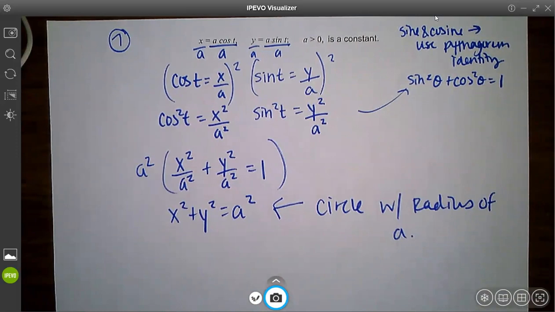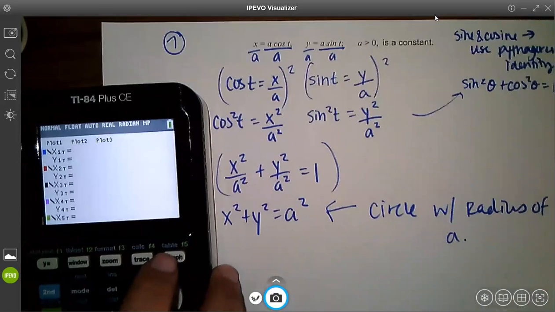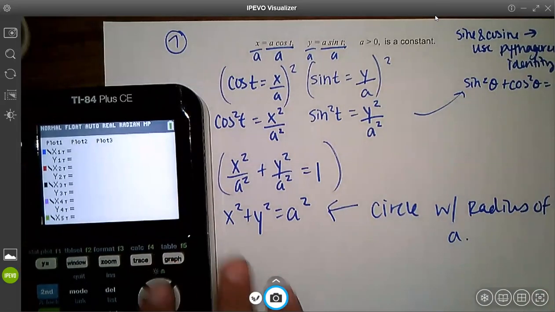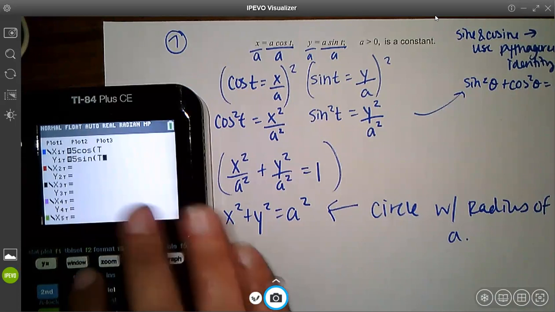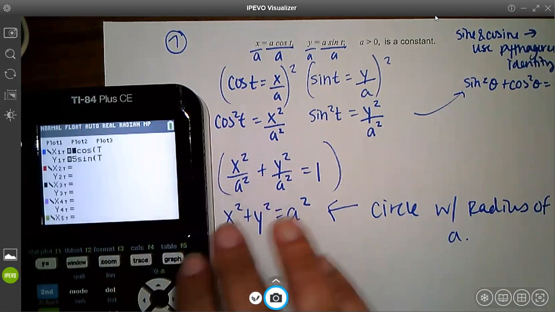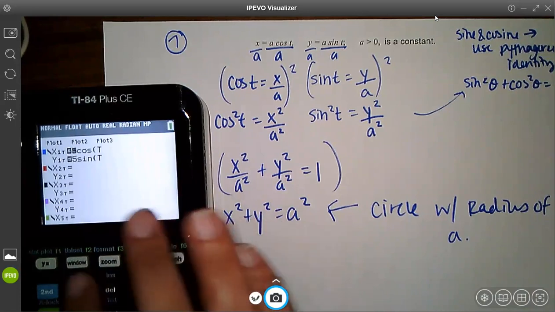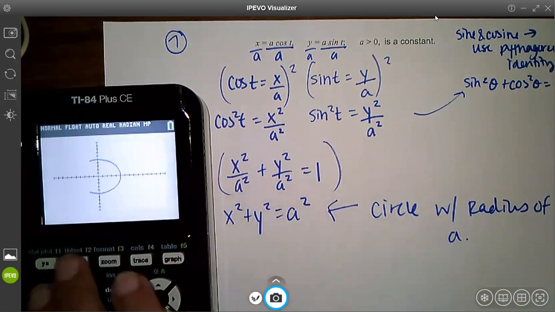So I'm going to give a value. I'm going to say a is 5, and I'm going to type this into my calculator. You can't have two different values. So I'm going to say 5 times the cosine of t and 5 times the sine of t. It's in radians mode. So in my table set, I would have to adjust my t value.